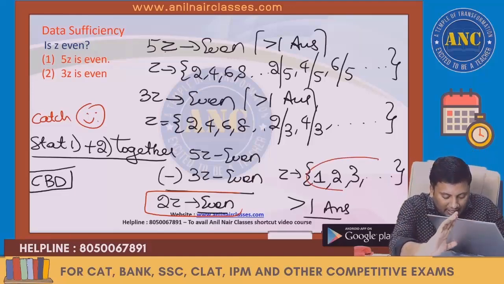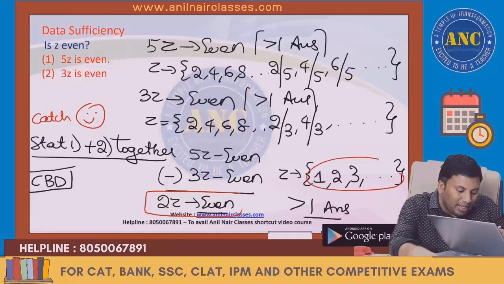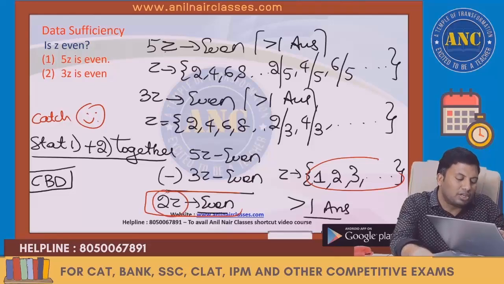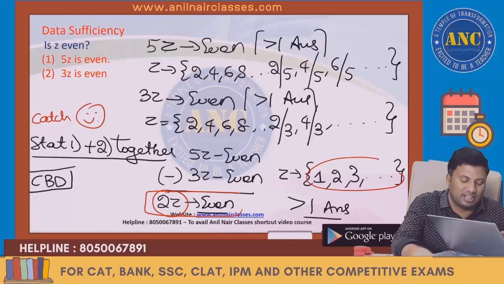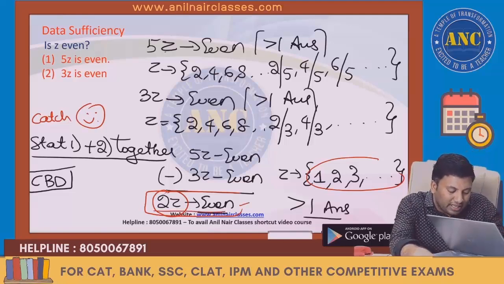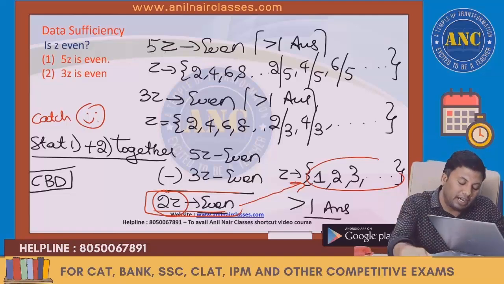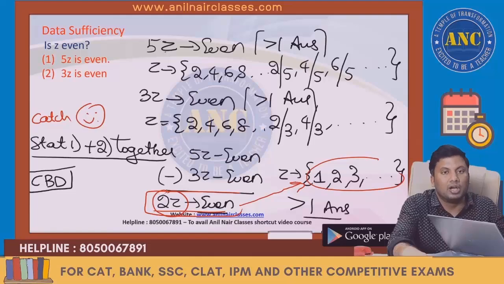From where did you get 2z? You got 2z from 5z and 3z. This is the answer obtained from the statements combined, and it should satisfy the statements combined.